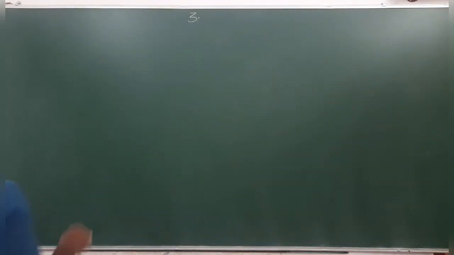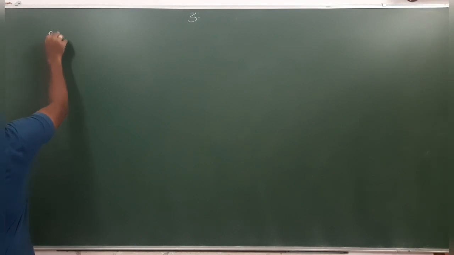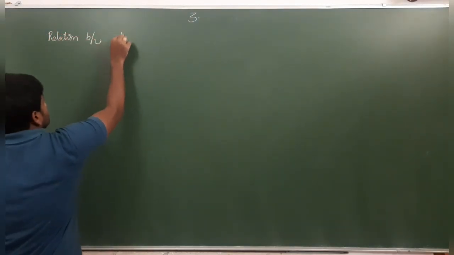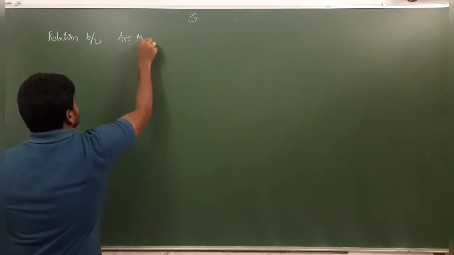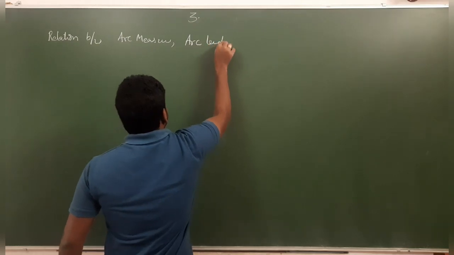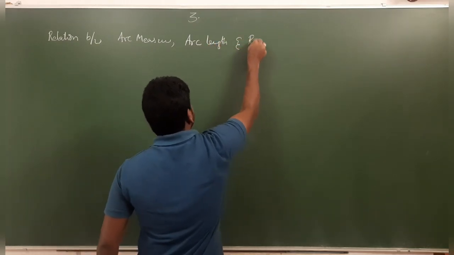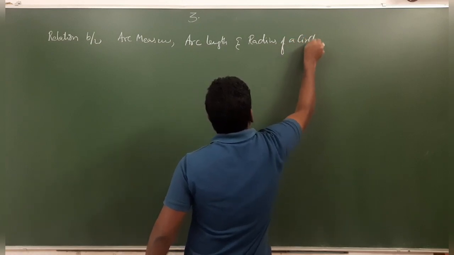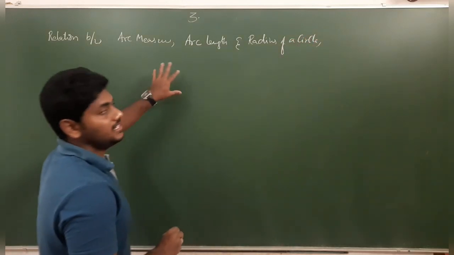Now we do the relation between arc measure, arc length and radius of a circle. So what is the relation between these three?